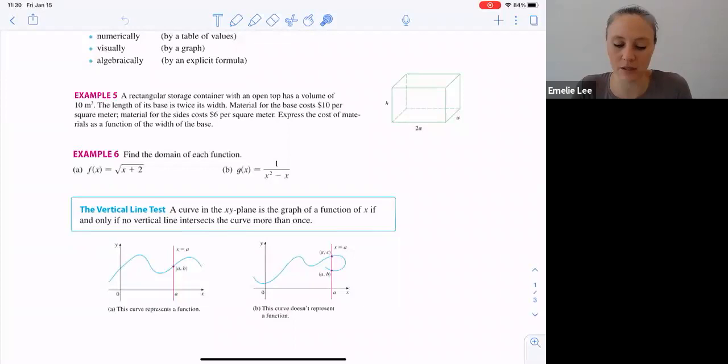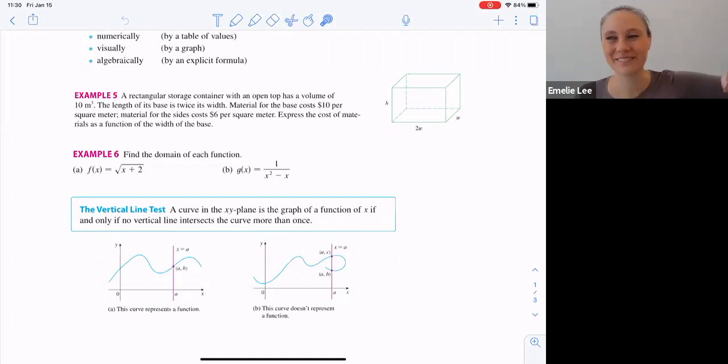Things maybe don't have to be a function, but for us here in the beginning, we need to have functions. So to check it, we use the vertical line test, which just says you should be able to draw a vertical line. A vertical line is like this, and a horizontal line is like this because you've got the horizon right there.